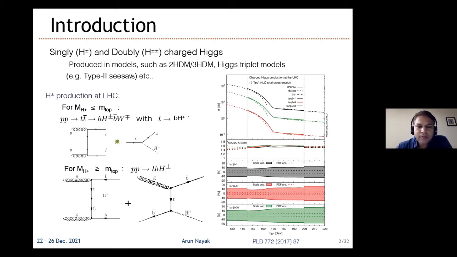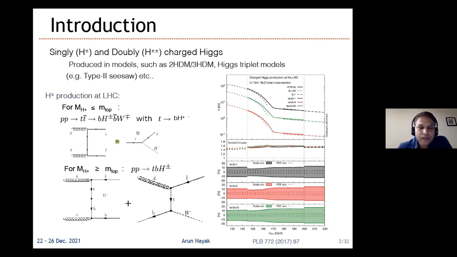And as you can see, at the LHC, for example, the singly charged Higgs boson can be produced in two ways, depending on the charged Higgs mass. When the charged Higgs is lighter than the top quark, it can be produced dominantly through the decay of the top quark. Say you have production of t t-bar pairs, and then one or both of the tops decay to a charged Higgs boson.